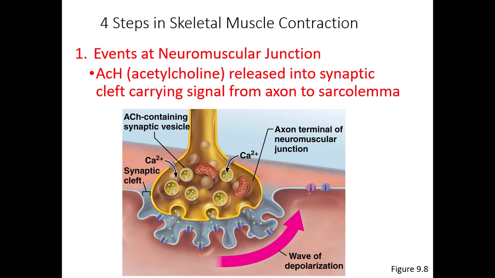So those little circles with the green dots inside of them are synaptic vesicles. And the green dots inside are the neurotransmitter, the acetylcholine. You see some mitochondria in there. We know what those do. And then you can see the synaptic cleft is labeled as the space between this axon terminal and the wavy margin that you see, which is the sarcolemma of the muscle cell. Okay.